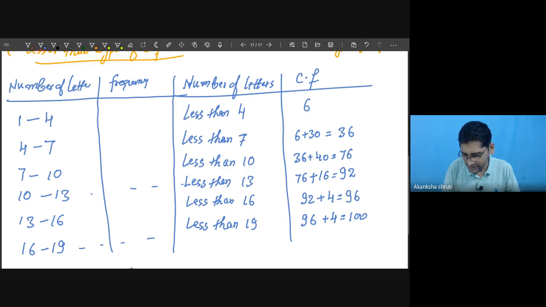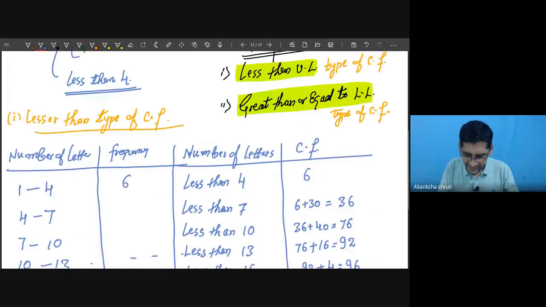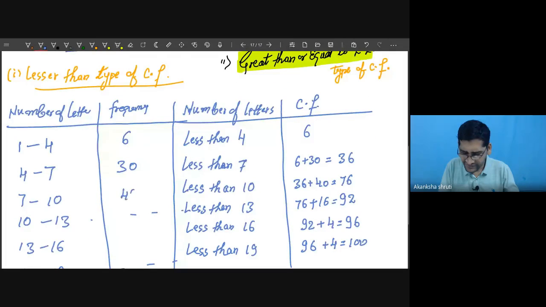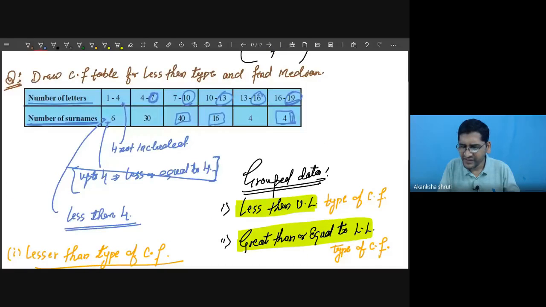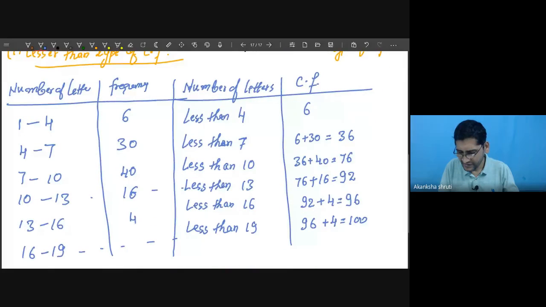Whatever data are given, I'm just copying from the table, because this will be helpful in finding the median. Write down the frequency, or the number of surnames: 6, 30, 40, 16, 4, and the other one is also 4. Okay, students?